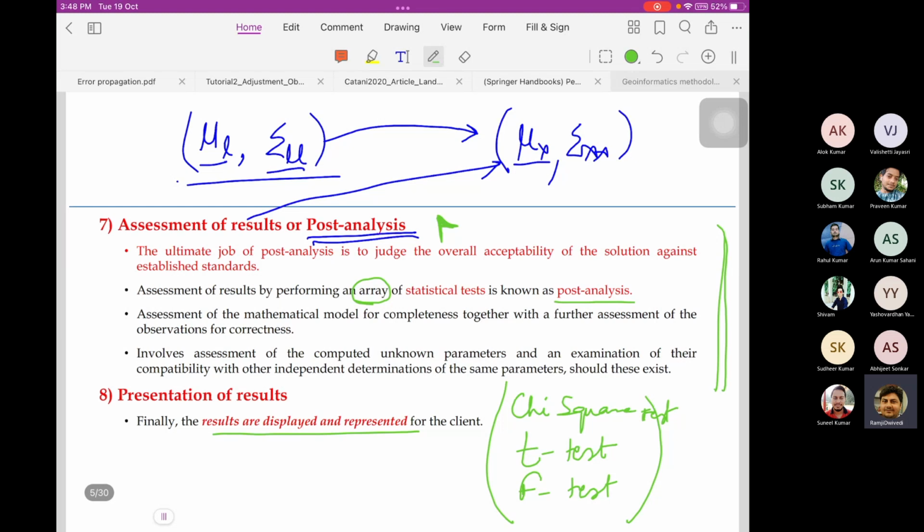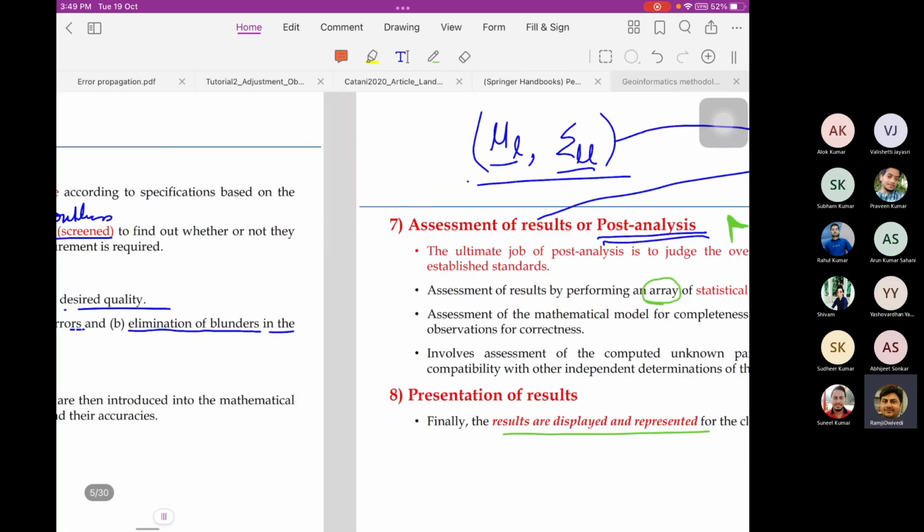It is equally important because you are working on a real world project, where it is eventually required that your result should have gone through a robust analysis. That means nobody can question it later on because it involves money, manpower, time, and everything. So that is the one task. So these are the final 8 steps of the so-called Geo-Informatics methodology.